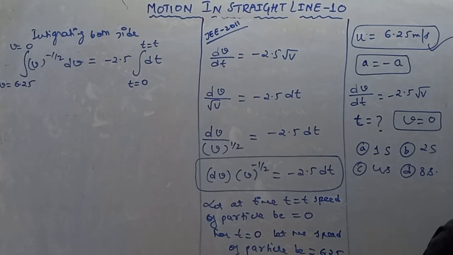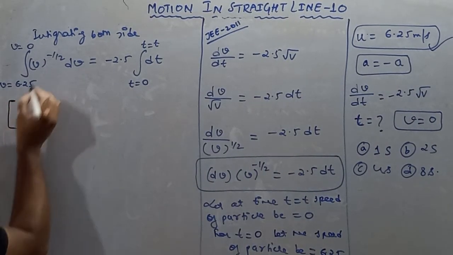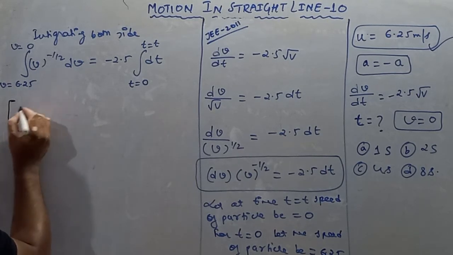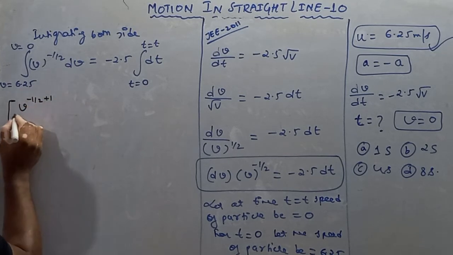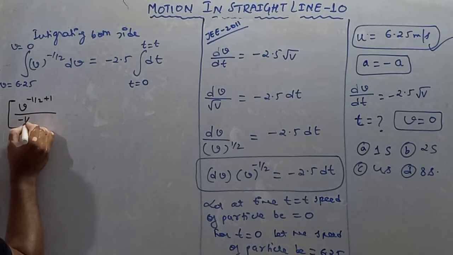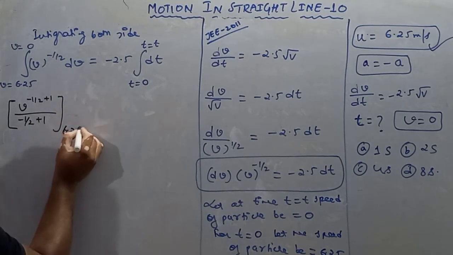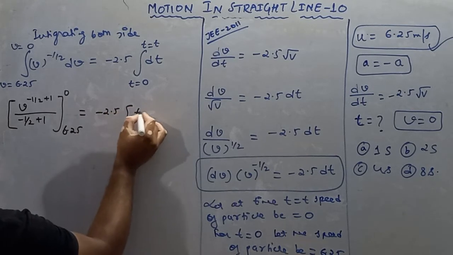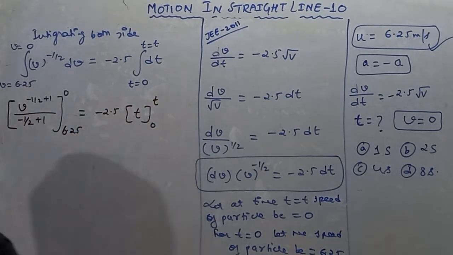So v to the power half dv. We know that in integration we add 1 to the power and that comes below. So it will be v raised to minus half plus 1, divided by minus half plus 1, and the limit is 6.25 to 0, equal to minus 2.5. Integration of dt is t, so the limit is 0 to t.